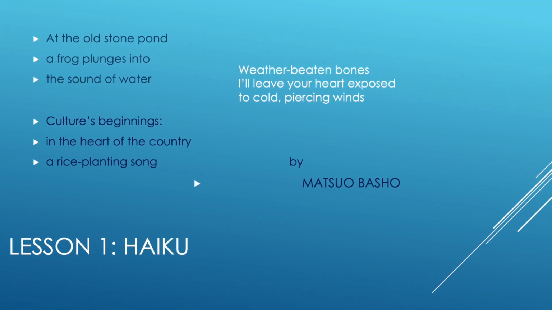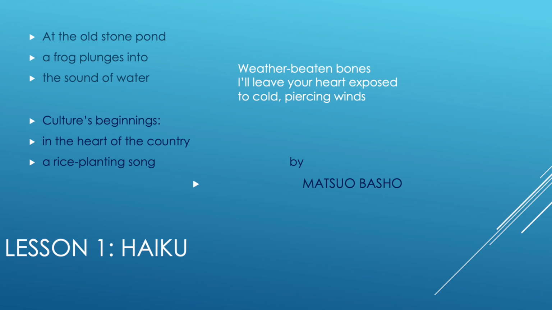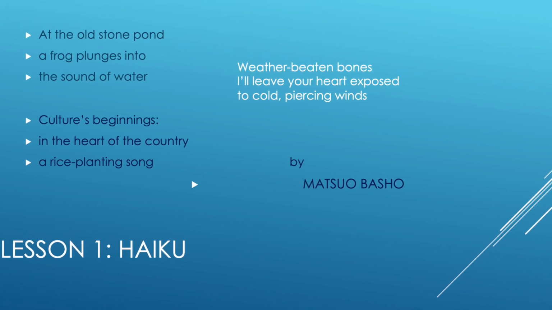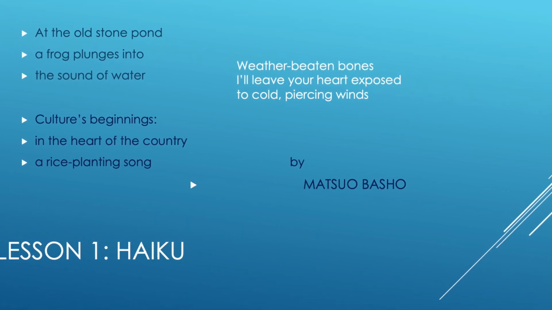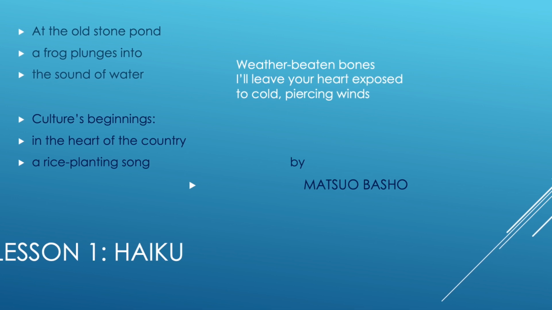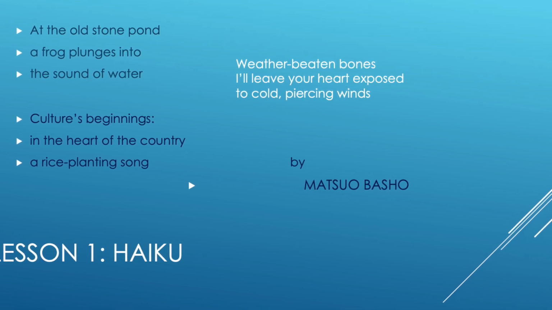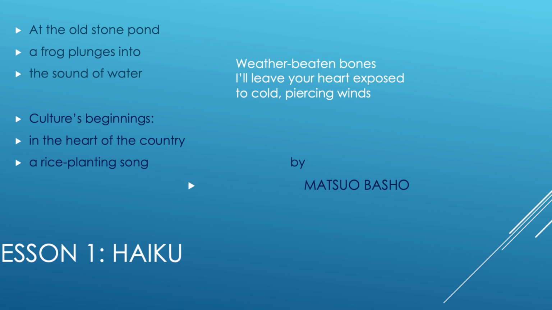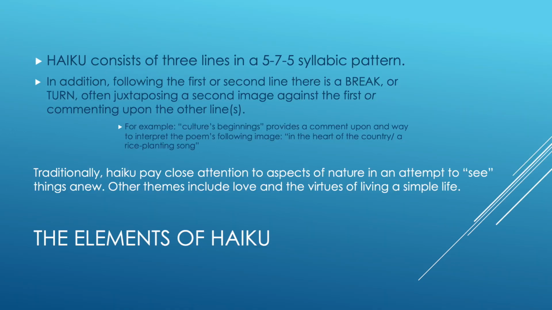It becomes sort of a commentary on the first 2 lines and basically takes this frog plunge into water and turns it into a little bit more of a metaphysical type experience. And you can then get into a whole discussion about Zen and the aha moment and all that stuff. But once again, an example of how there's a break or a turn after either the first or the second line of the haiku. In that case, it's the second line.